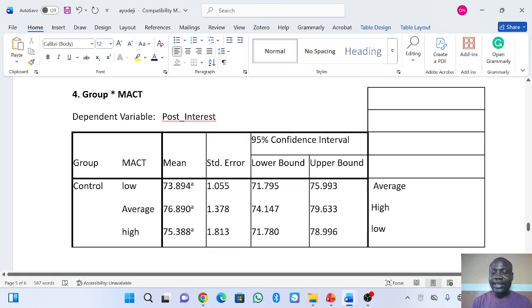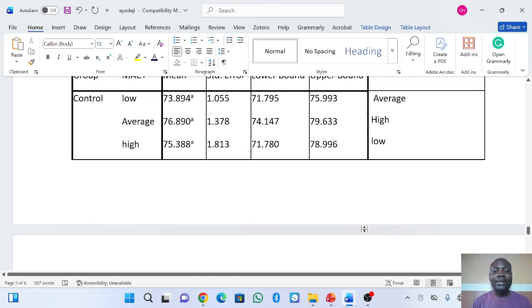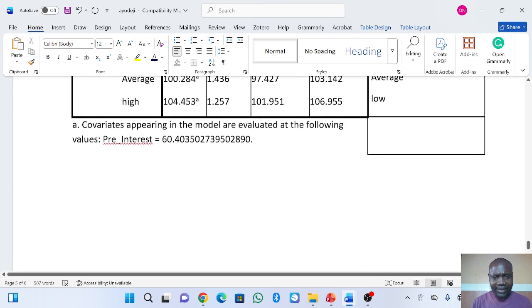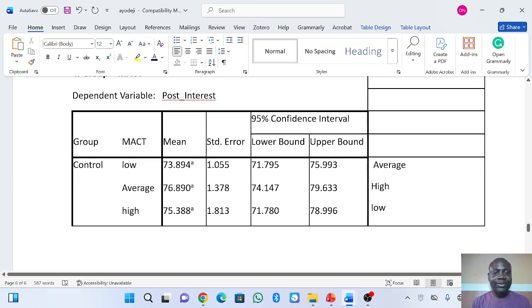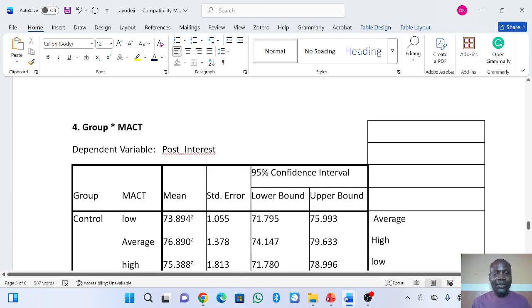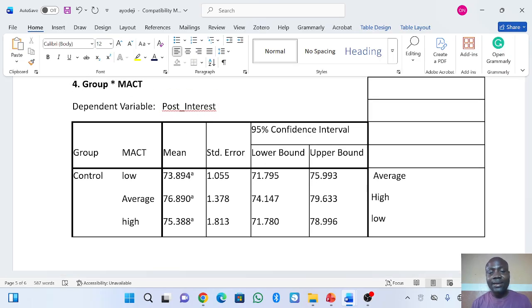Then this is the part I would love to dwell on most. When you are having analysis of covariance, and you have interaction effects, and you want to interrogate your results, it is important to note that the interaction effect supersedes the main effect.